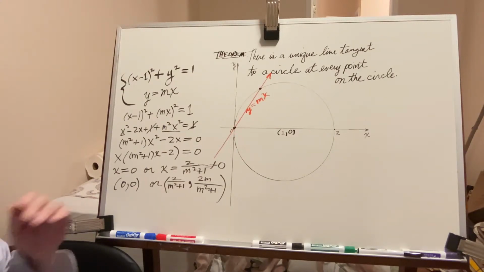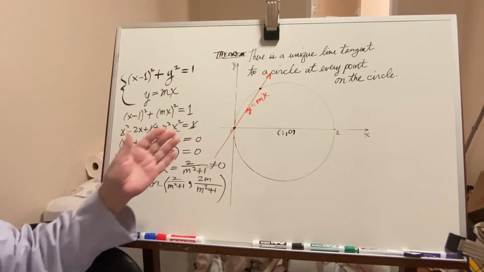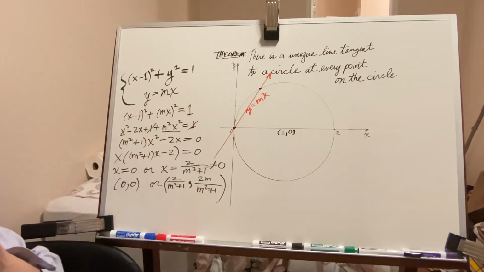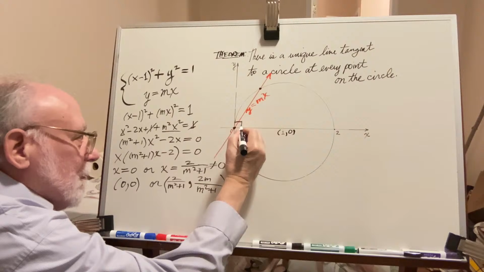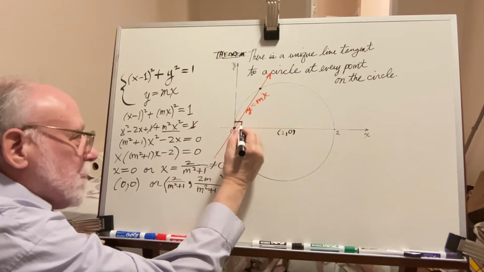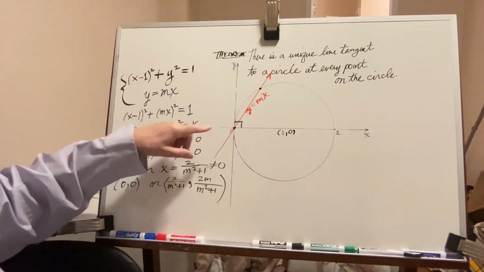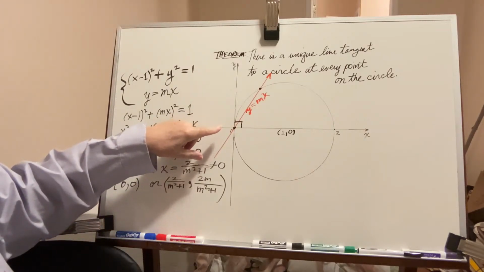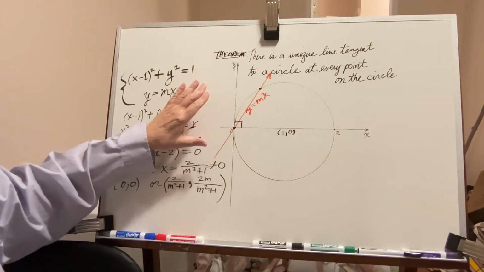And we can repeat this, by symmetry and similarity, with any other point on the circle. And what we do get for free here is that the tangent is perpendicular to the radius drawn to the point of tangency, because the x and y axes are perpendicular to each other.